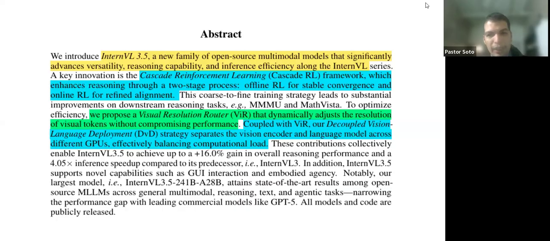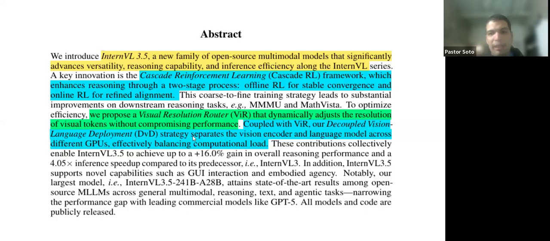The key innovation that they did is that they add a cascade reinforcement learning framework, which enhances reasoning through a two-stage process: offline reinforcement learning for stable convergence and online reinforcement learning for refined alignment. For me, this was one of the most brilliant ideas that they provide, and we will see this in detail. The other thing was that they proposed a visual resolution router.